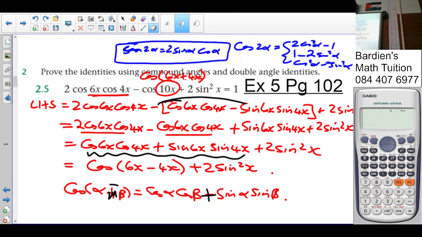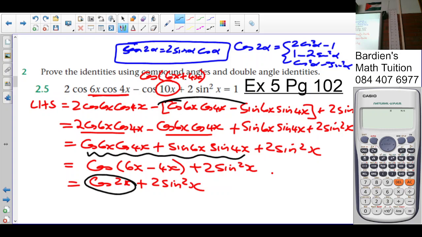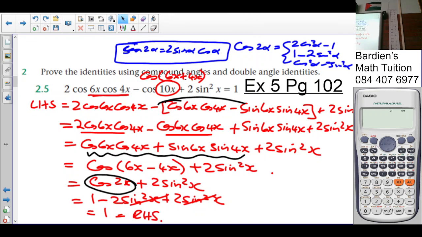Cos 2x. Not so? So that's going to become cos of 2x plus 2 sine squared x. So which one of the 3 you think we're going to use here? 1 minus 2 sine squared x plus 2 sine squared x. Cancel. That will then give you equal to 1, which is then in turn equal to the right hand side.